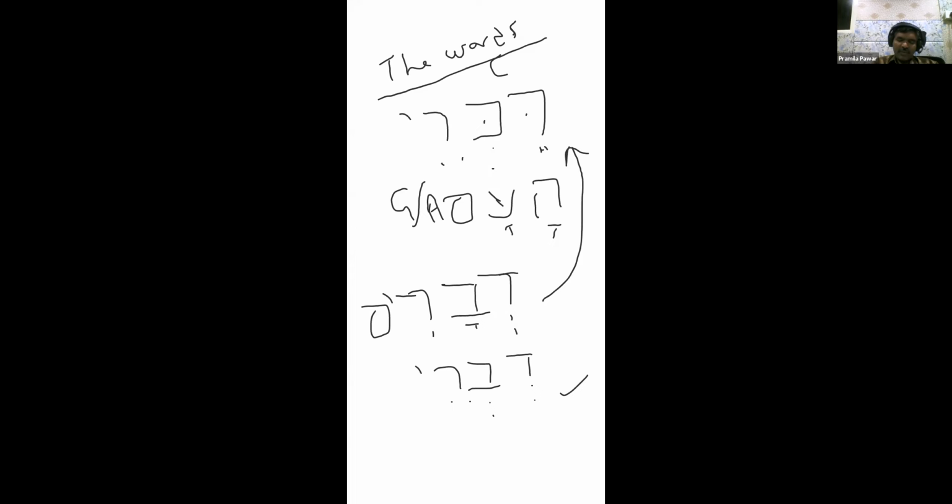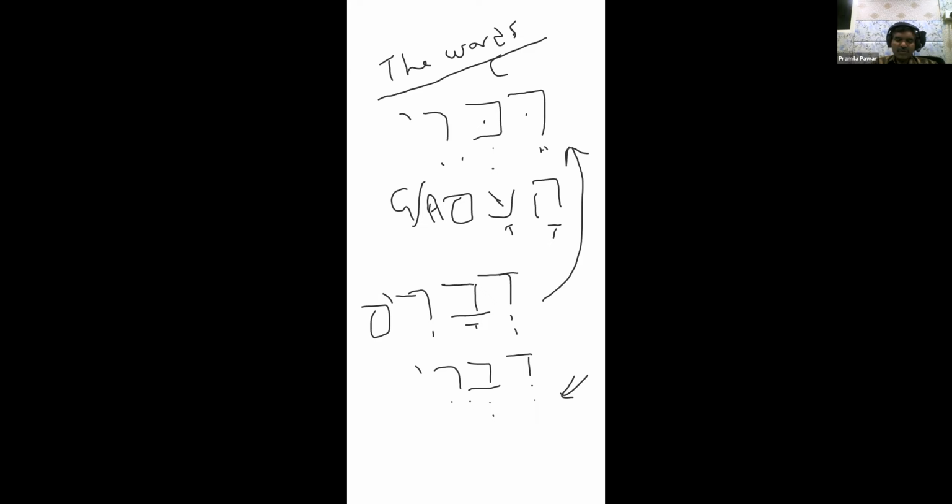So can anyone tell me, according to the rule we have learned, what is the rule? Two Shvas cannot begin a syllable.